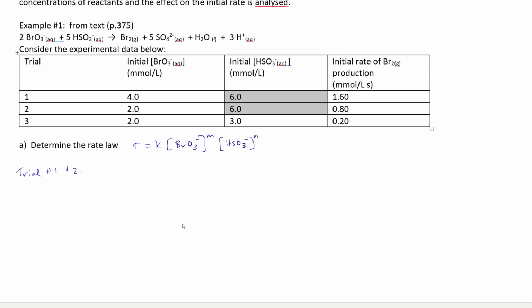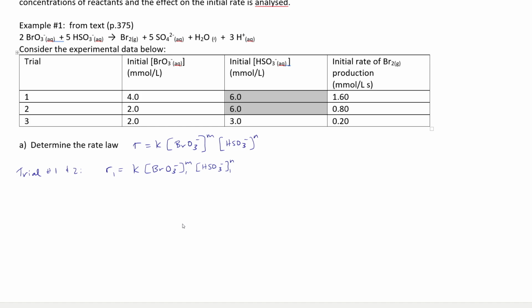Okay, so I will set up an equation here. The rate in trial 1 is equal to K, the constant of proportionality, or the rate constant, times bromate raised to the exponent m in trial 1, and bisulfite raised to the exponent n in trial 1.